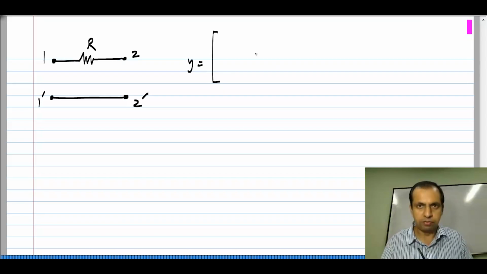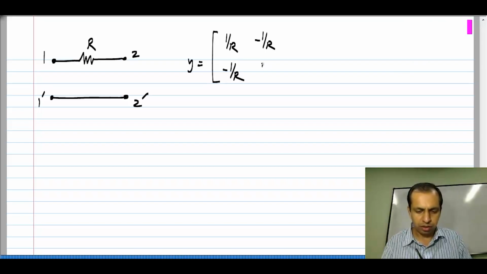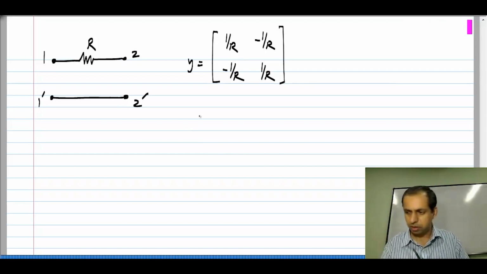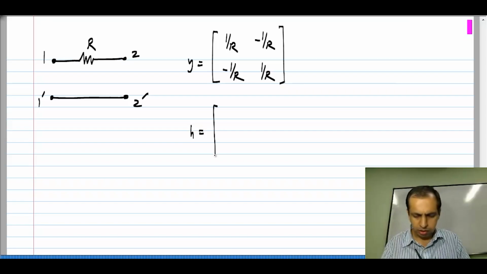Now, we will find that the Y parameter set for this will be 1 by R, minus 1 by R, minus 1 by R and 1 by R. The H parameters are R, 1, minus 1 and 0.